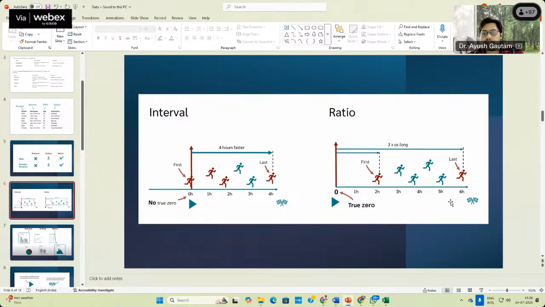So then how will you say who is faster and how fast?